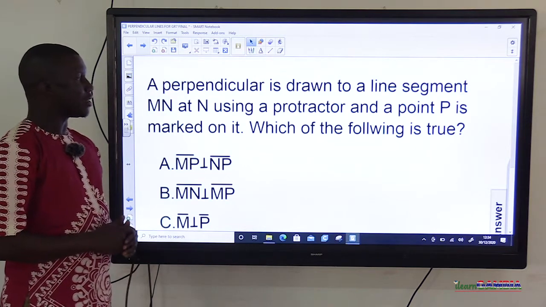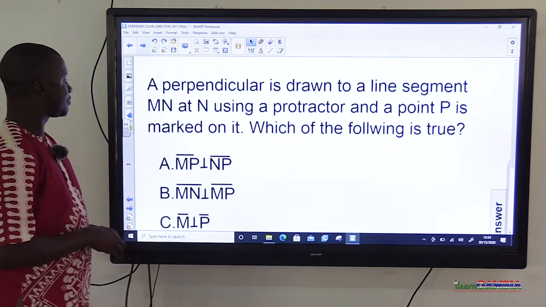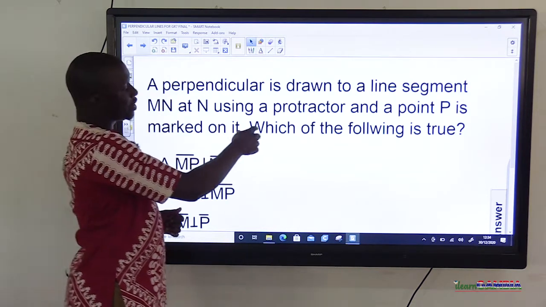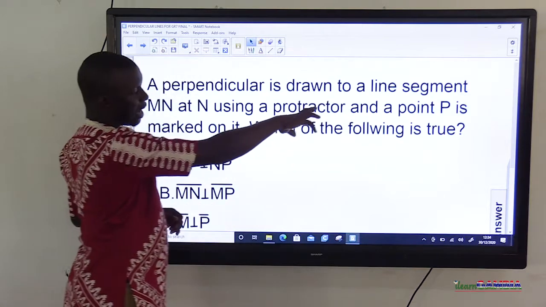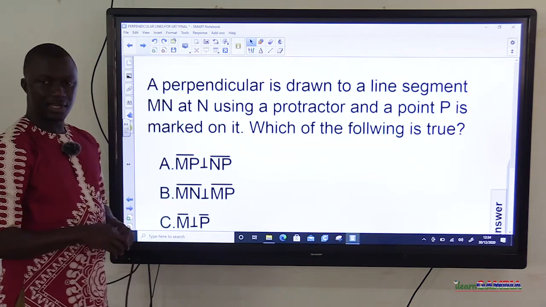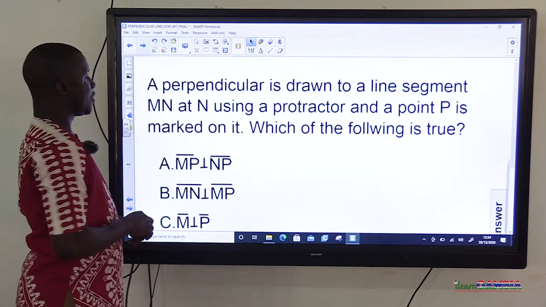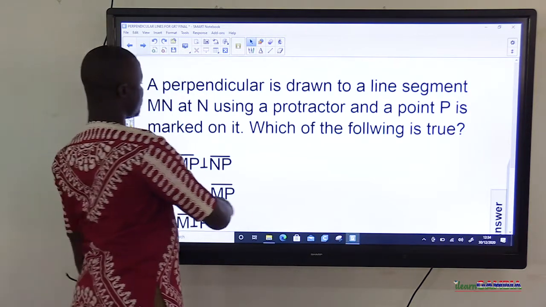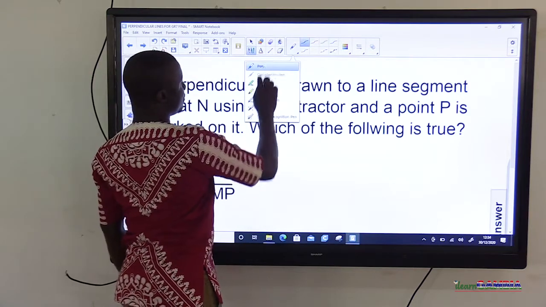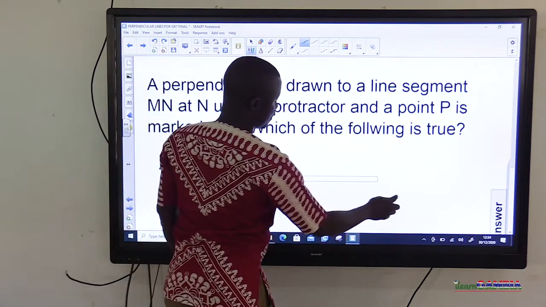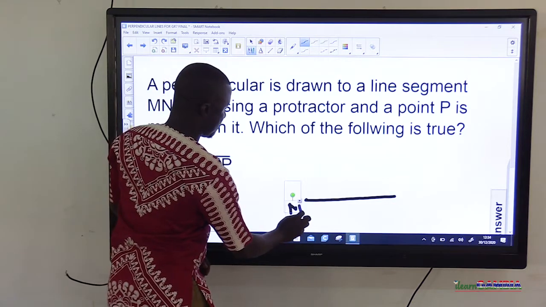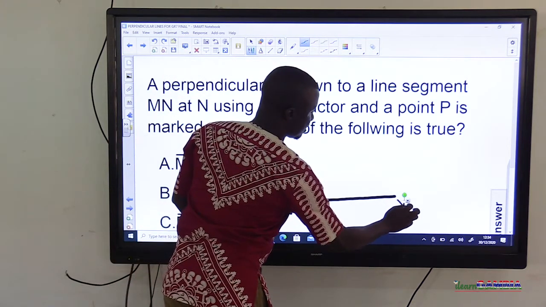A perpendicular line is drawn to a line segment MN at N using a protractor, and a point P is marked on it. Which of the following is true? You have a line, let's say this is line M and this is N here.